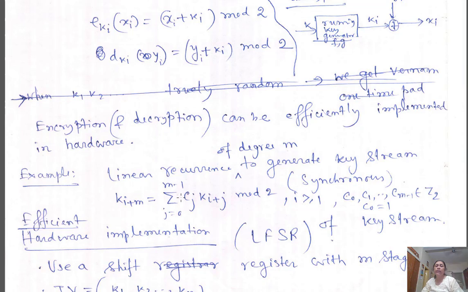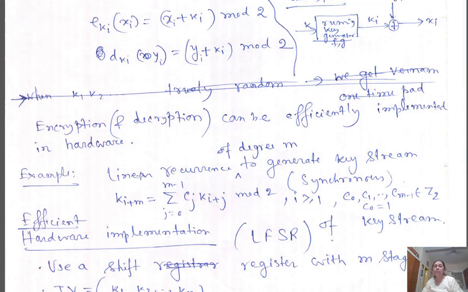Initially k0, k1, up to km minus 1 are given. That is your IV, the initial vector, and after that, km onwards, for i greater or equal to m, you can generate subsequent bits using this recurrence relation, where the Cis are bit strings.